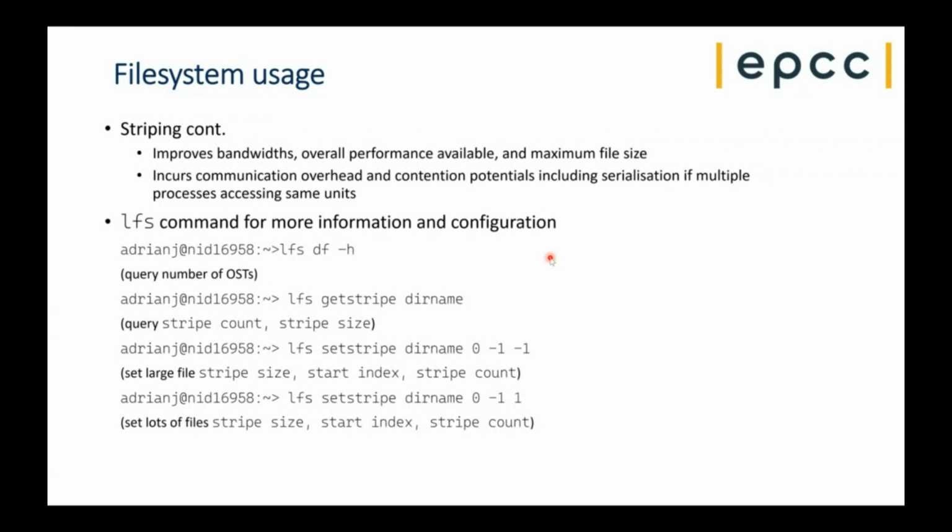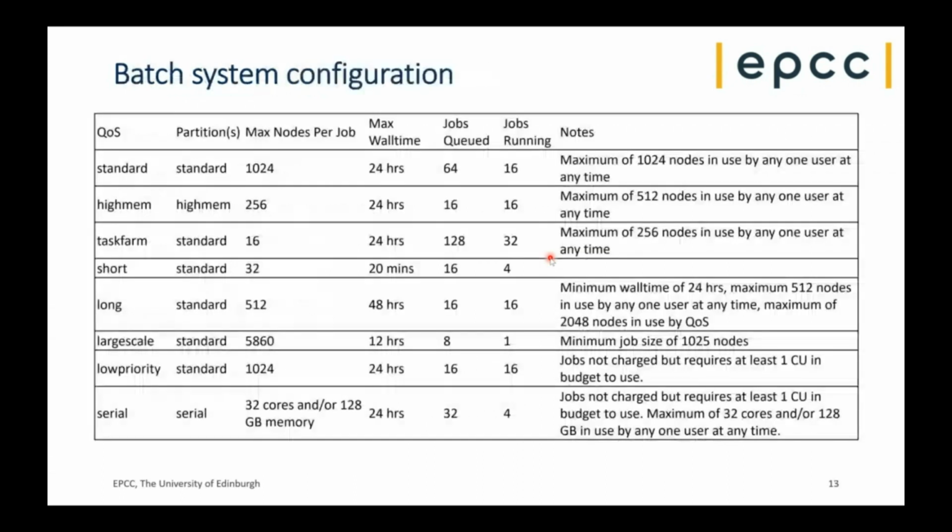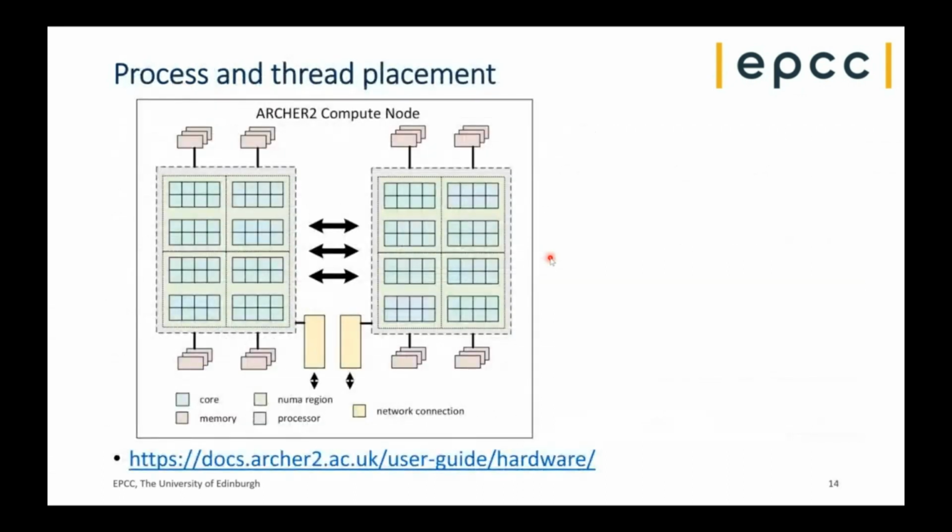So how you structure your files and access your files on a parallel file system can impact how quickly you can read and write your data from your applications, which in turn will affect how quick your application is, or how efficiently you're using the system, and how efficiently you use the cores that are available to you has the same impact.